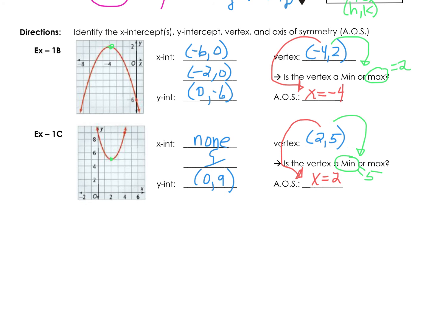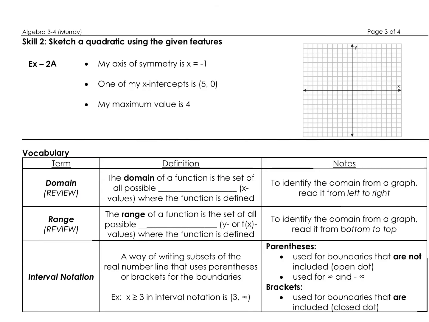So then turn your page and we're going to sketch a parabola. On this page you are given some characteristics of your parabola, if you will. So the first thing you're given is your axis of symmetry is x equals -1. So let's go ahead and plot that in here.